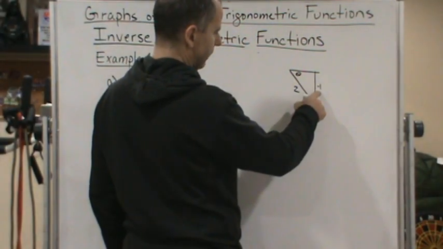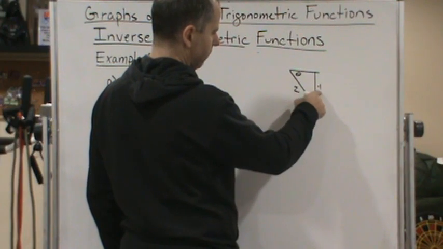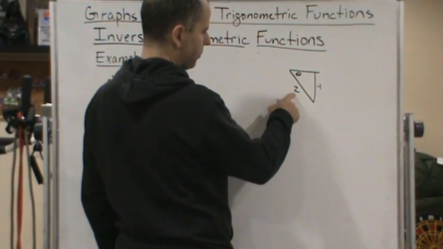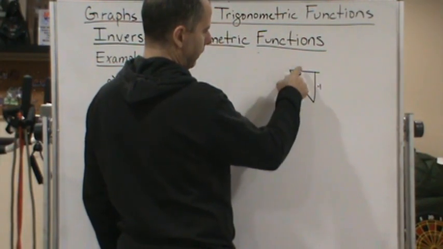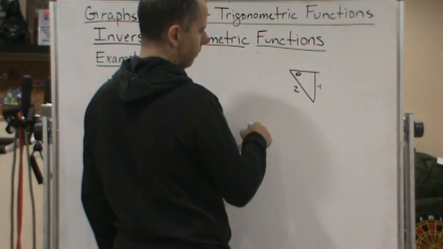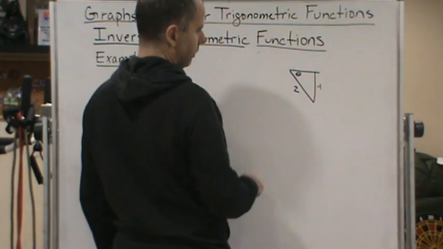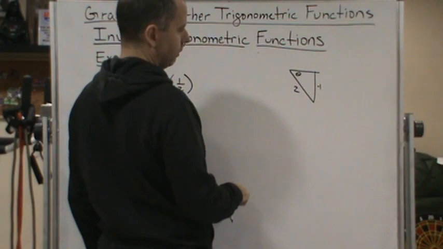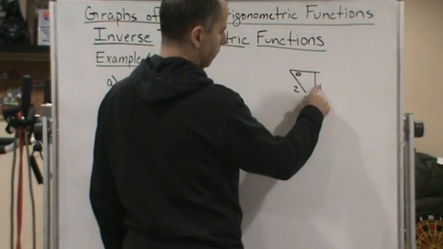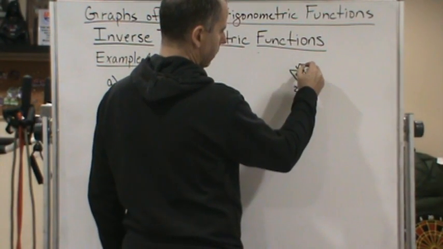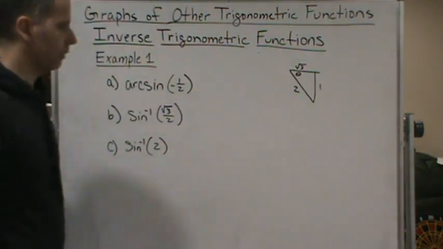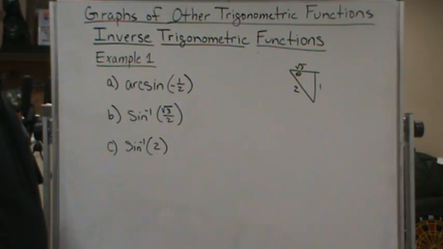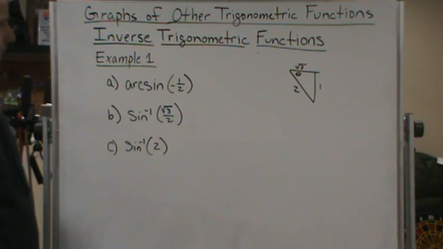So we've got opposite is 1, the hypotenuse is 2. This will give us the square root of 3. So what angle has that? That's a 30-degree angle, pi over 6.